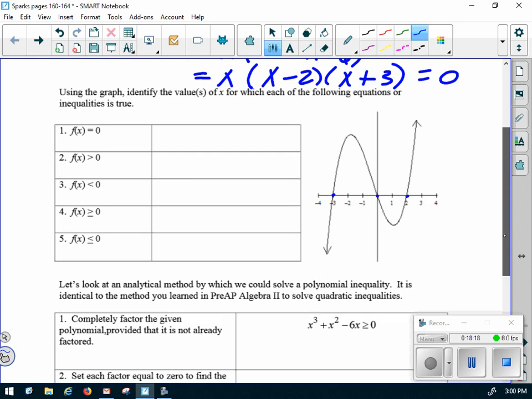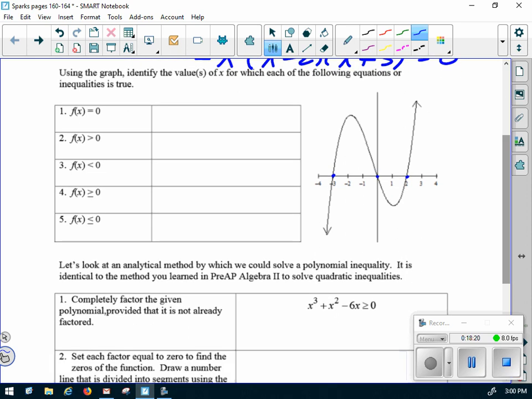Now, use the graph and identify the values of x for which each of the following equations or inequalities is true. Look at number 1. Where is f of x equal to 0? X-intercepts, which are where? So you're going to write x equals negative 3, 0, and 2.